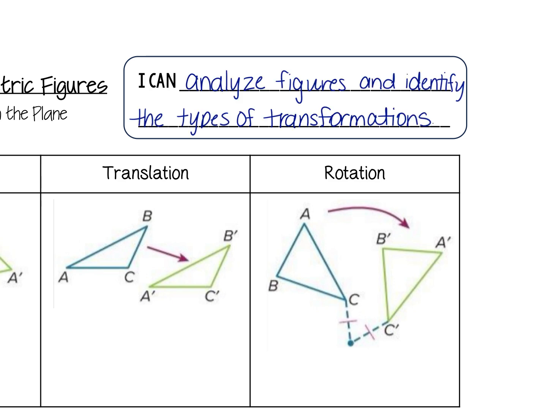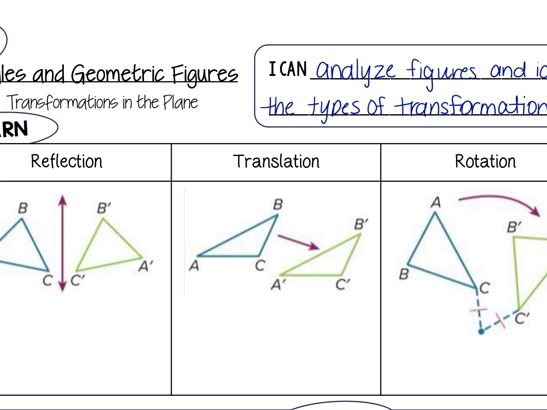All right, so there are 3 types of transformations that we will focus on today. And these 3 collectively are part of what we call rigid transformations. So we are going to add that.